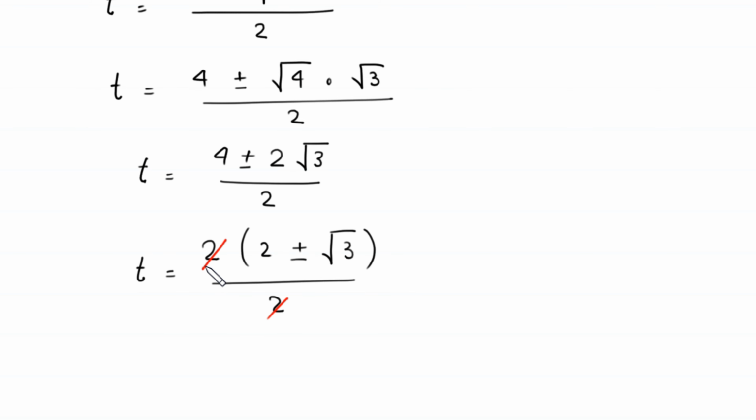From here we get two values of t. t is equal to 2 plus root 3 and the second value of t is equal to 2 minus root 3.